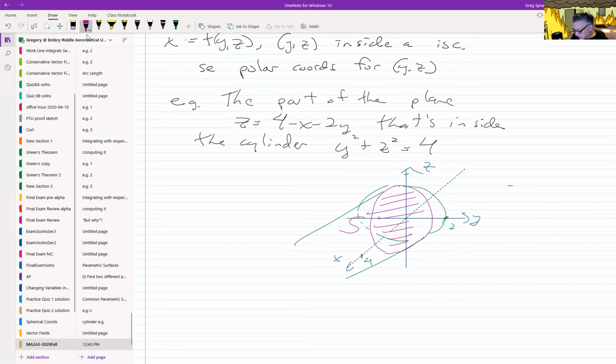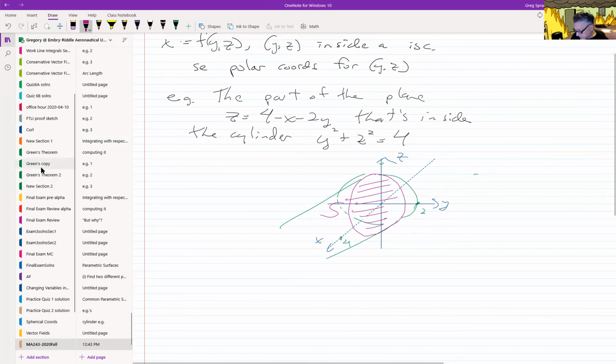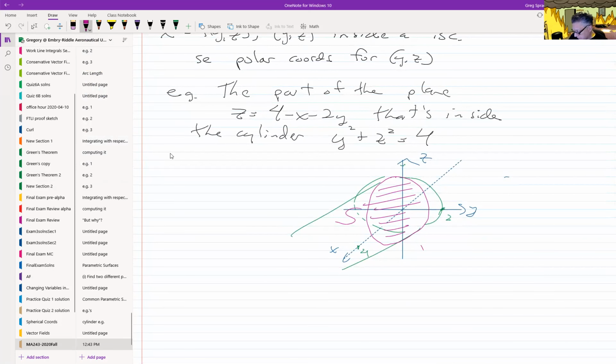Not a great sketch, sorry. It doesn't need to be great, though. So this is a filled in tilted ellipse.